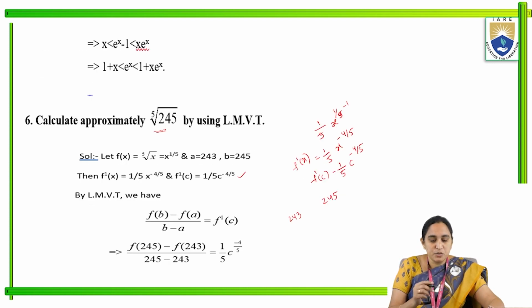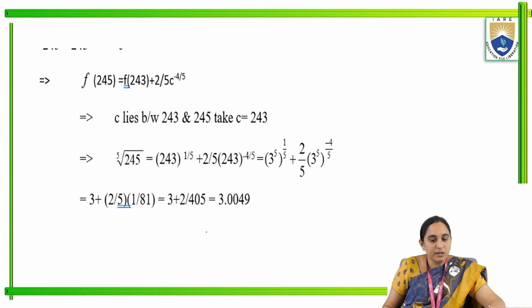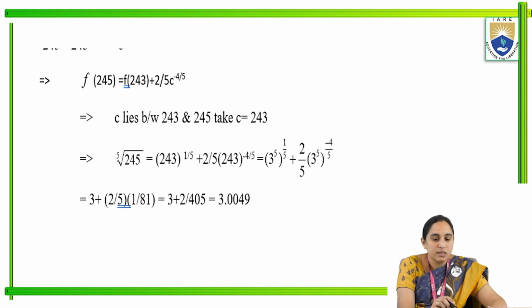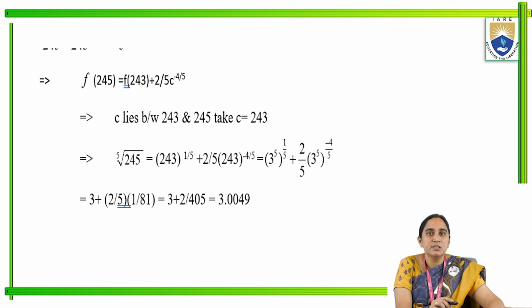Now, after substituting, we have to find the f of 245 and f of 243 values. f of 245 means f of 243 plus 2 by 5 into c power minus 4 by 5. How are we assuming that c value? c is in between 243 and 245, therefore c is taken as 243.